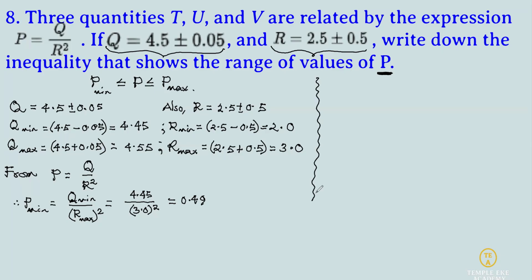Now, in a similar manner, we can get the maximum value of P. Because the expression for P is a fraction, it will be obtained when the numerator is at its maximum.